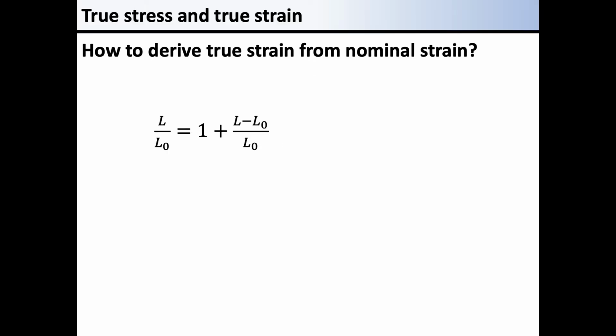You should now clearly understand the equation that describes the relationship among these values. Here, I am demonstrating that the true strain can be derived from the nominal strain. The ratio of the original length L0 to the final length L can be expanded as shown here. So, the equation for true strain is expanded as this equation.